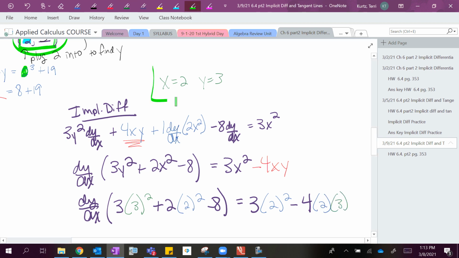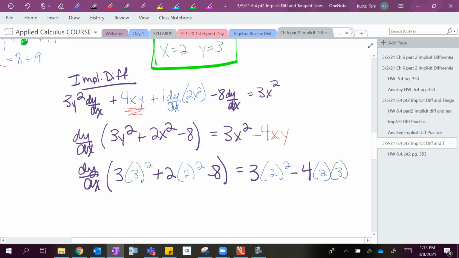So again, I just took my point I know, (2, 3), and plugged it in.